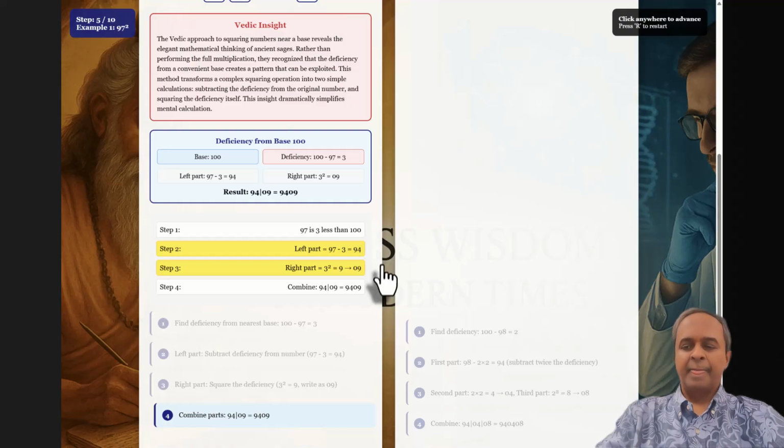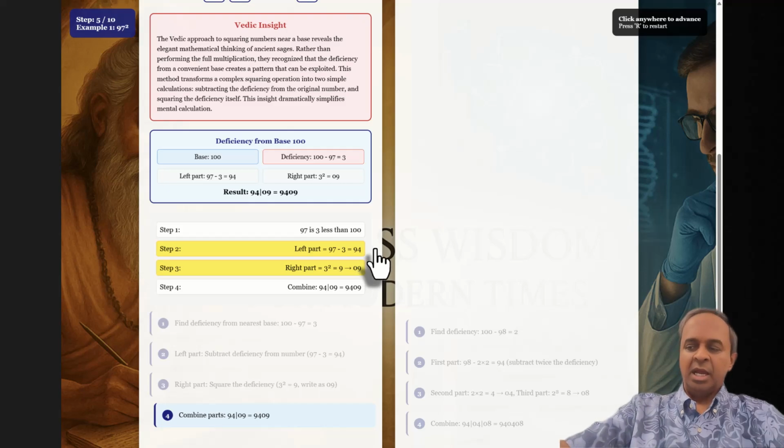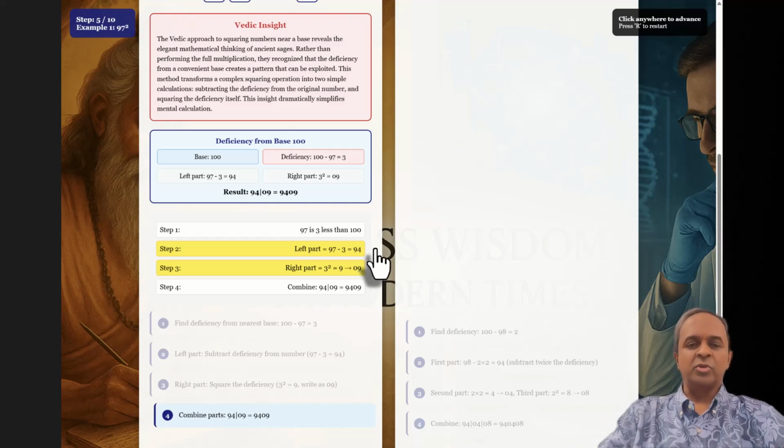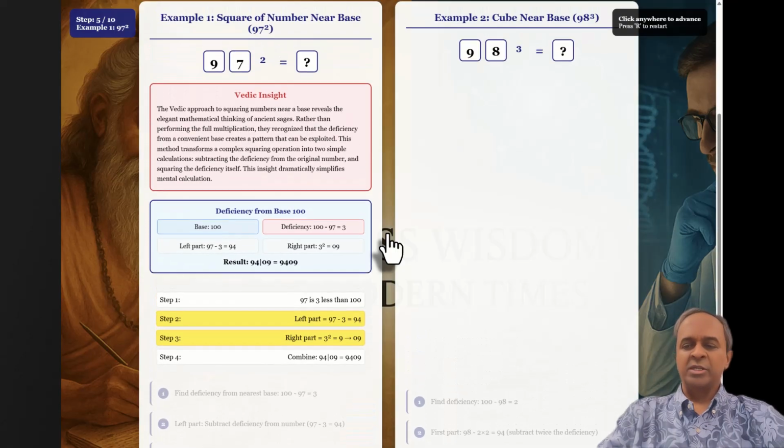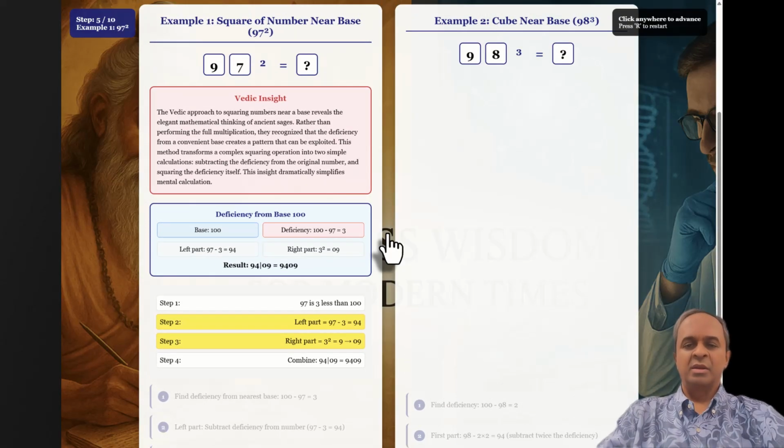The whole concept of all the sutras is to recognize the patterns and then execute by simplified multiplications and subtractions. You can take complex mathematical equations and solve them easily.